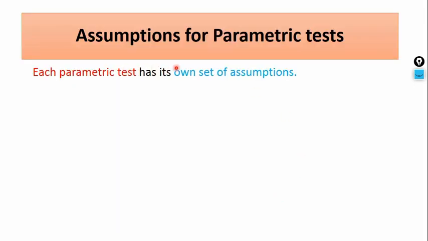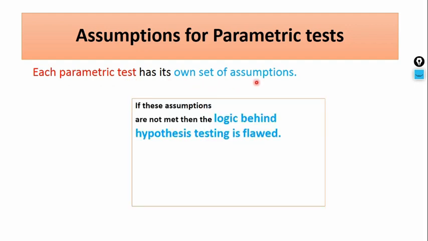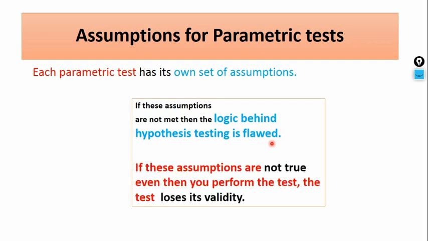Assumptions for parametric tests: each parametric test has its own set of assumptions. If these assumptions are not met, the logic behind hypothesis testing is flawed. There is no sense in hypothesis testing if we are applying a parametric test and these assumptions are not true. Even if we apply the test, it loses its validity.